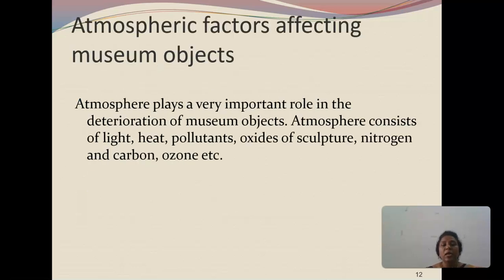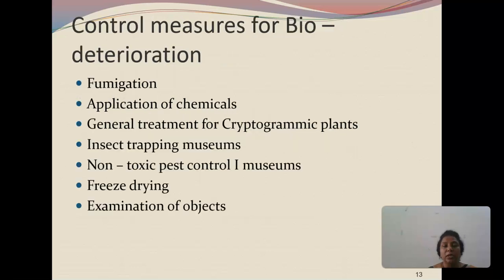What are the atmospheric factors which will affect the museum object? The atmosphere plays an important role in the preservation as well as the deterioration of museum objects. The atmosphere consists of light, heat, and pollutants such as oxides of sulfur, nitrogen, carbon, ozone, etc. And what are the control measures for biodeterioration?